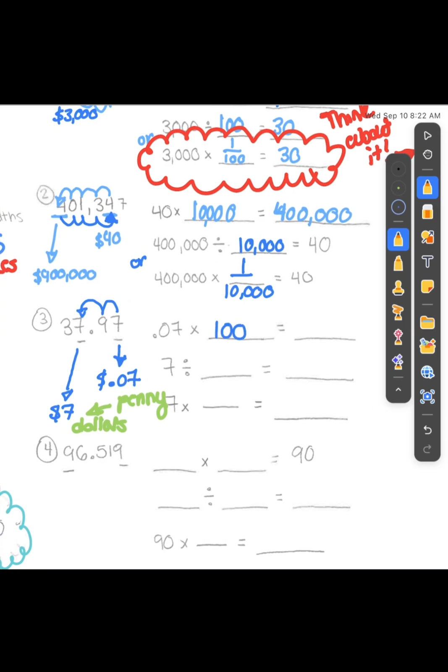So 0.07 times 100 is 7 wholes. Now if we're dividing, that means we're going to the left. So 7 divided by 100 is 0.07. Or if you multiply it by 1/100th, 7 times 1/100th is 7 hundredths.